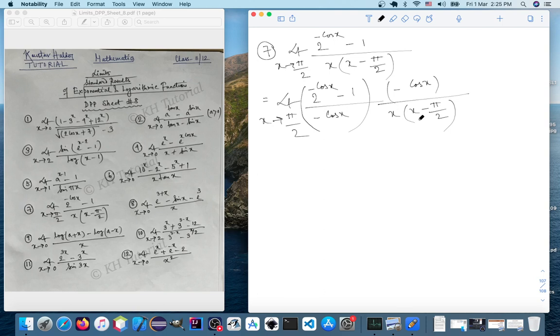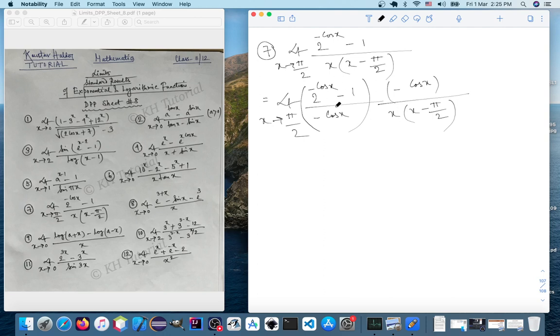Okay, now whenever there are trigonometric expressions where the tending variable is not tending to 0 but to something else, it's better to change the variable to a new variable which will tend to 0.